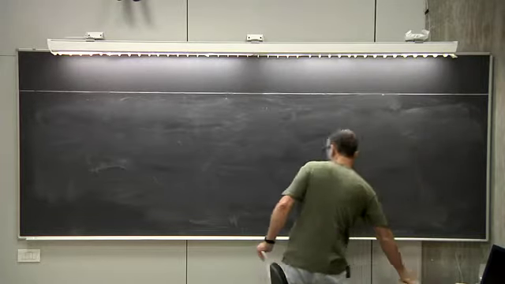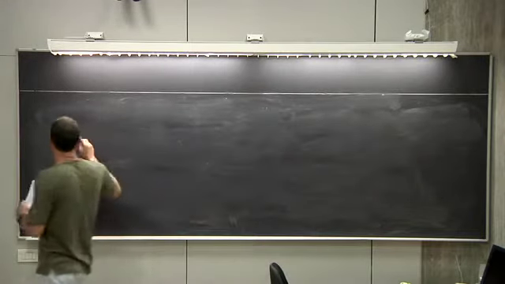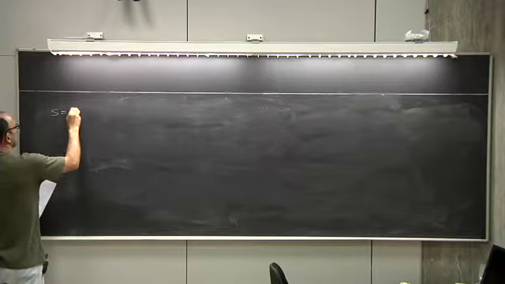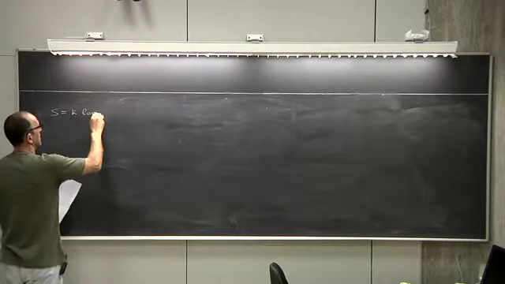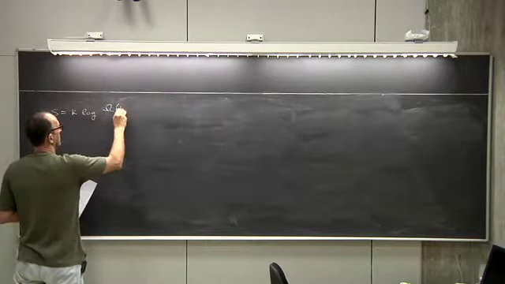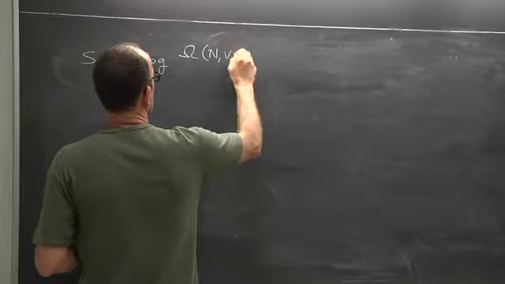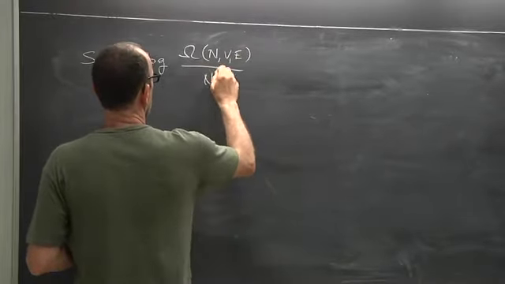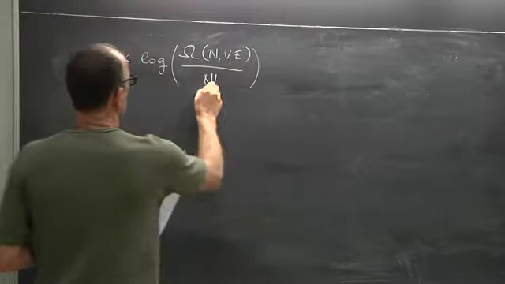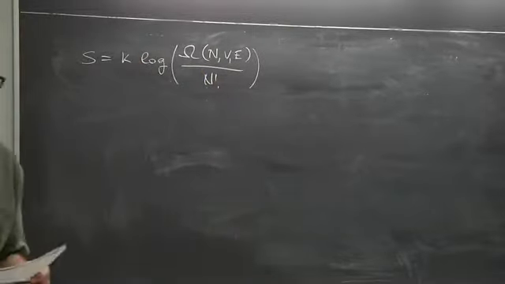So we have seen that when we count the number, we have to define the entropy as k times the log of the number of microstates, N, V, and E, divided by N factorial. So why this N factorial?